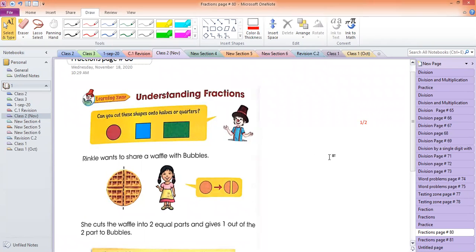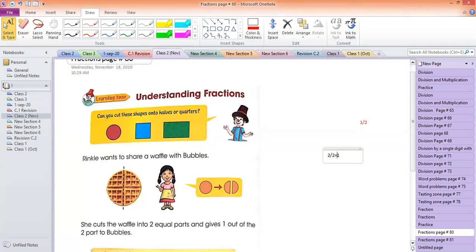So Wrinkles will eat two parts out of two parts, which means she is going to eat the whole waffle.